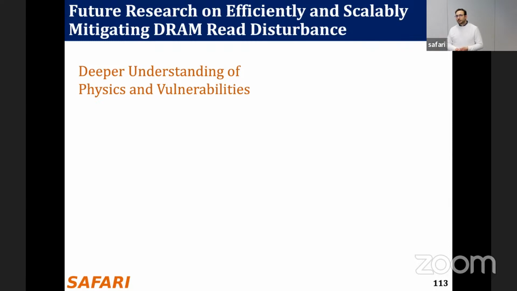But this is, of course, not the end of this research. There are more things to discover and more things to look at. We already talked about the deeper understanding of physics and vulnerabilities in the previous talk, so I'm just going to skip it. But you can refer back to the YouTube video that I provided the link to earlier.